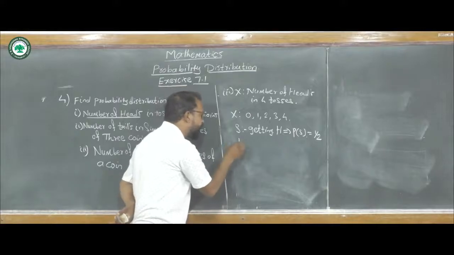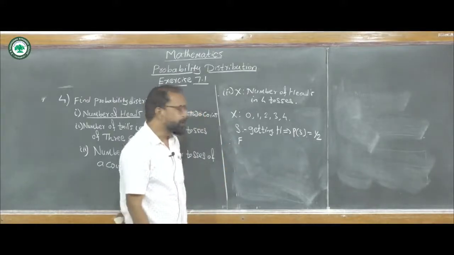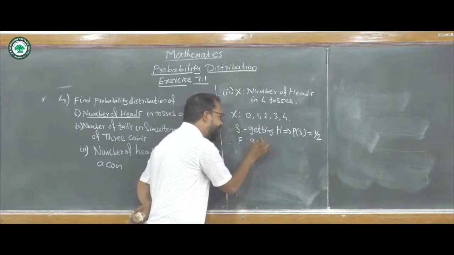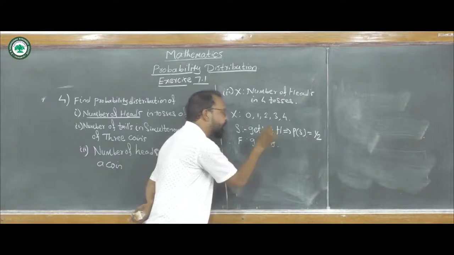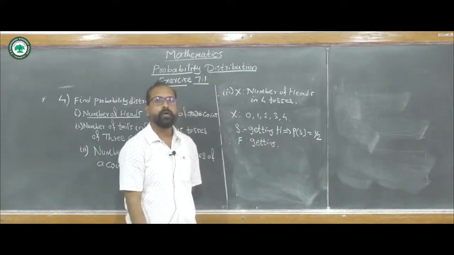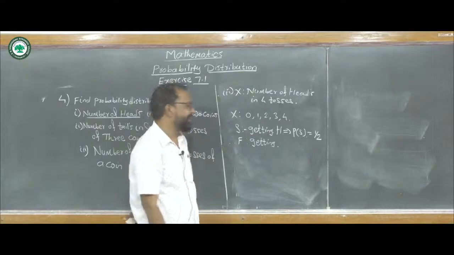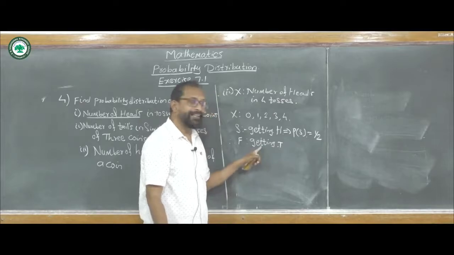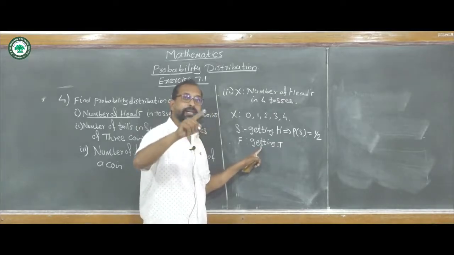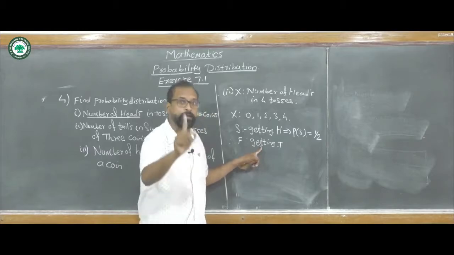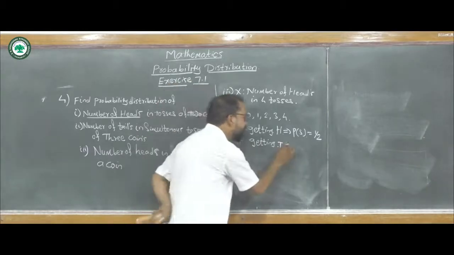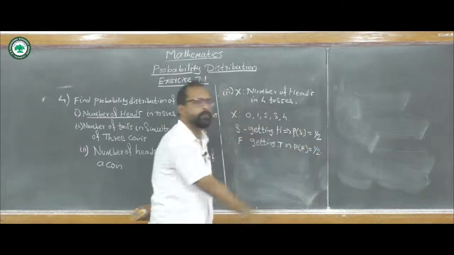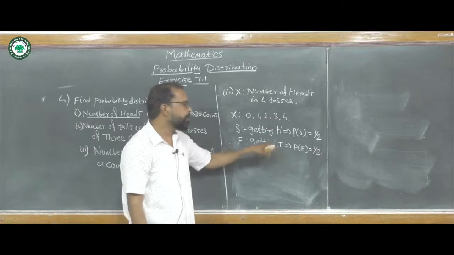And if we define F for a failure, that is not getting head, or we can say getting tail, because in tossing one coin there are only two observations, head and tail. Remember, getting tail is equivalent to getting not head in tossing a single coin. So the probability of failure is again 1/2.